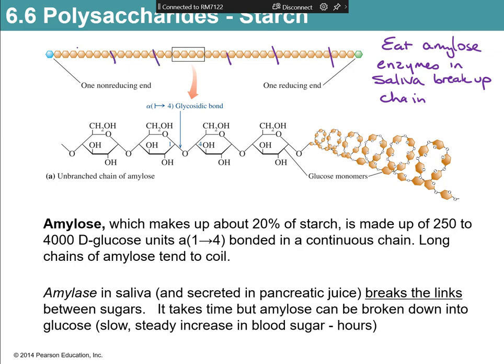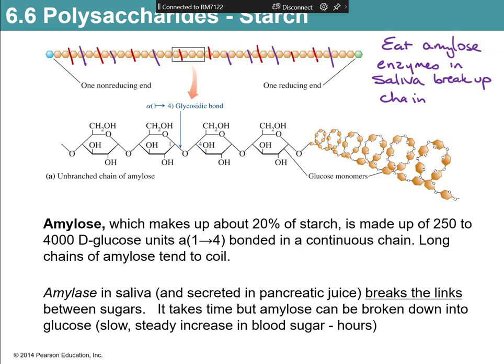First it just randomly gets broken along the chain, from a really big sugar into smaller and smaller pieces of many sugars. Then those get broken down, and eventually it gets all the way down to individual glucoses.